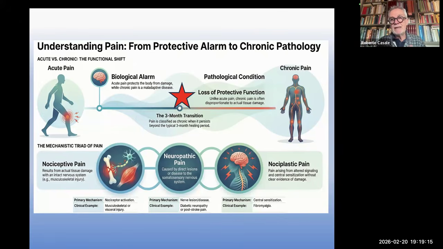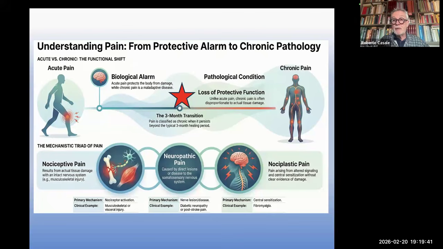So consider this as a reference point, but it's not theoretically necessary to have 3 months. You may describe a chronic pain also after 2 months, or when the patient has chronic pain in a remitting, relapsing way.